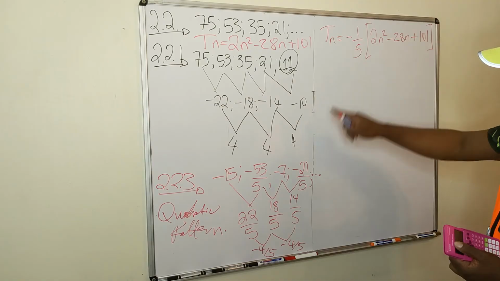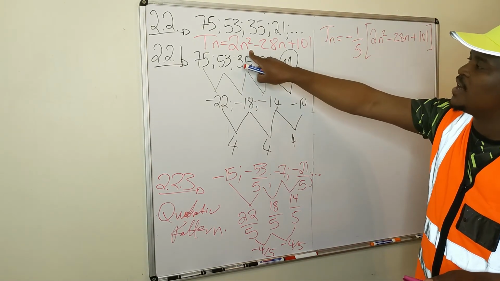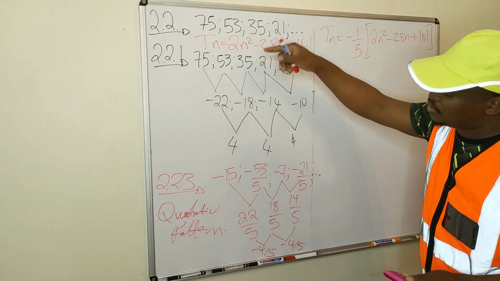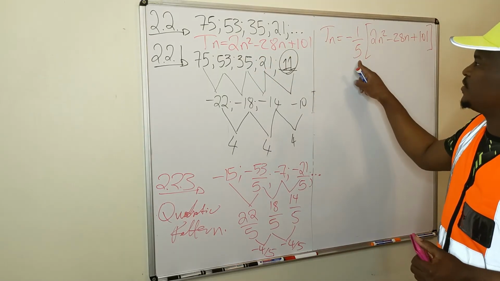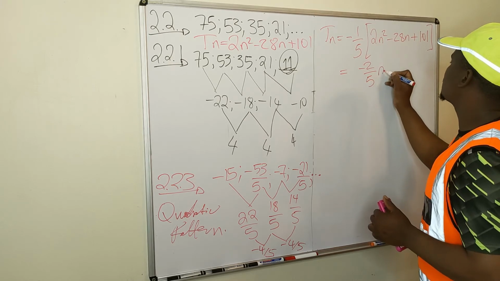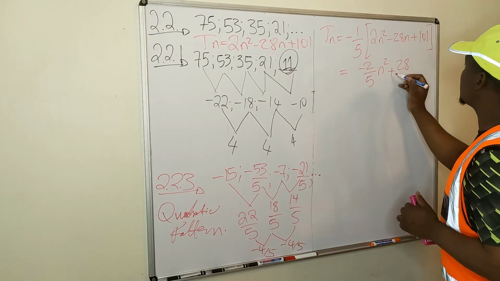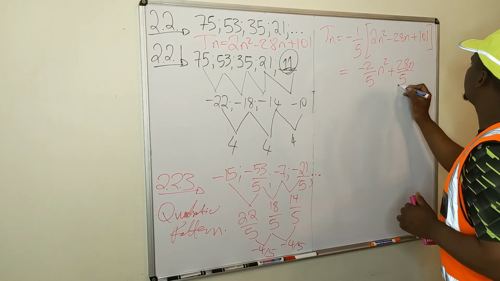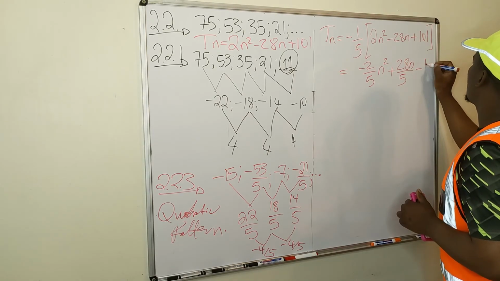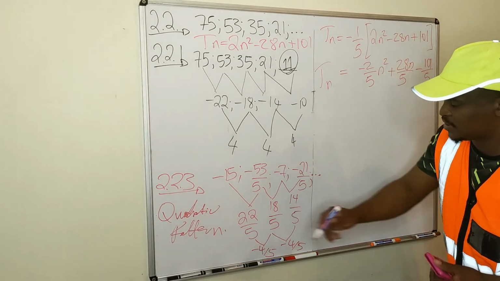This is the general sequence for this one, because this sequence is similar to this one, except that it's divided by -5. So if you simplify this, it's -2/5 n squared plus 28n/5 minus 101/5. So this is the nth term of this sequence here.